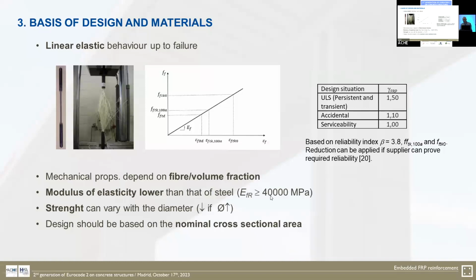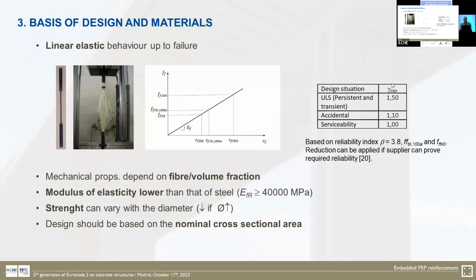For glass, I would say that commercial products are more or less between 45 and 60 gigapascals. And for carbon, I would say 120,000 to 130,000 gigapascals. The design should be based on the nominal cross-sectional area according to the annex.